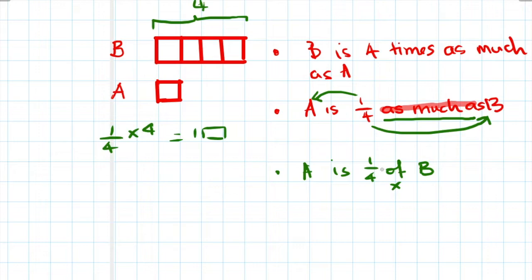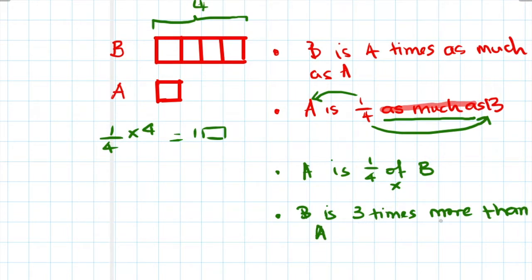If I say B is 3 times more than A, can you see this?